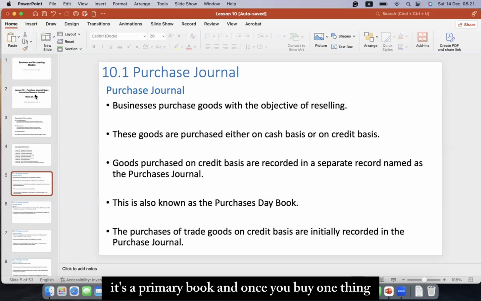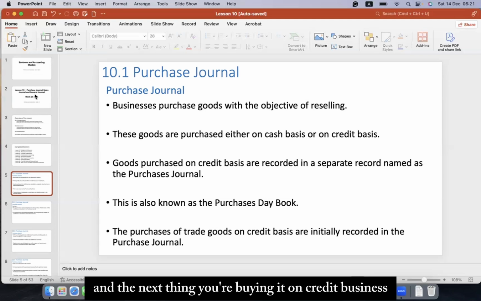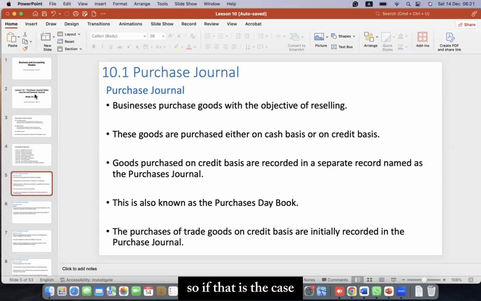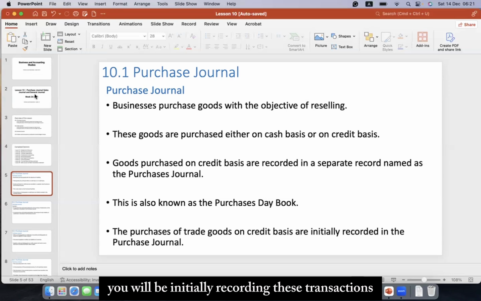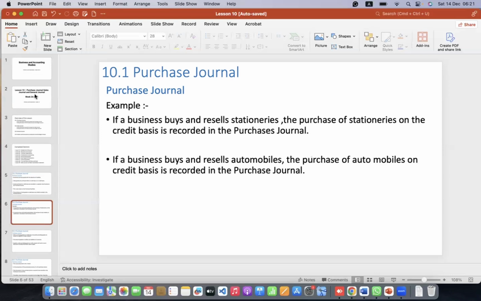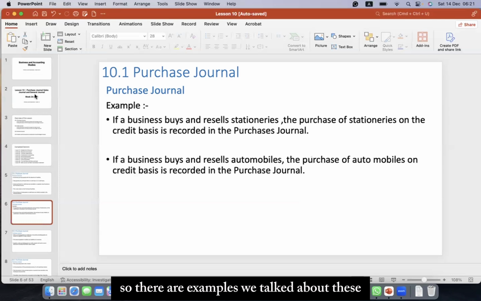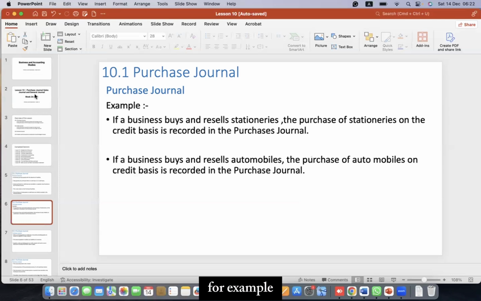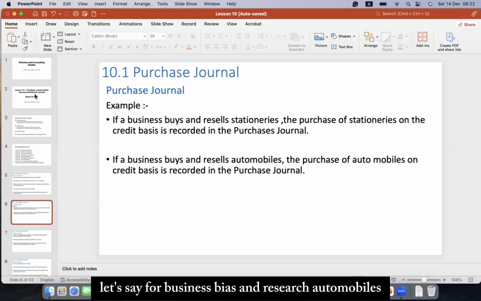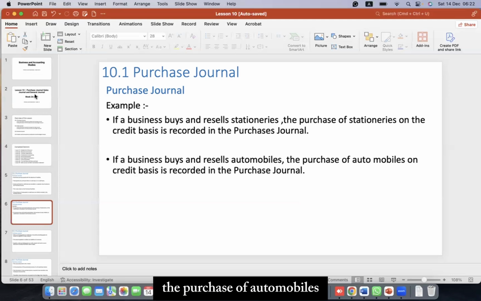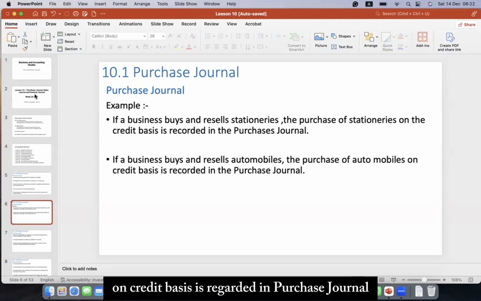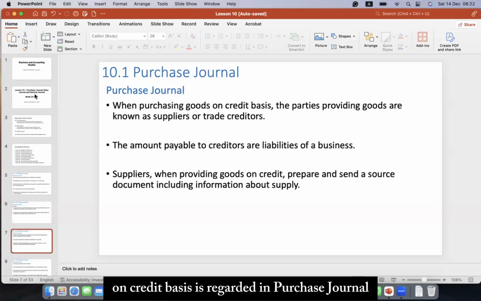If you are buying goods for reselling, and buying them on credit basis, you will initially record these transactions in the purchase journal. For example, if a business buys and resells automobiles, the purchase of automobiles on credit basis is recorded in the purchase journal.